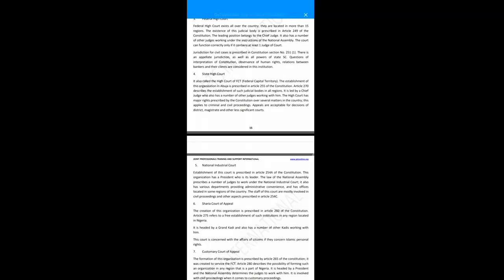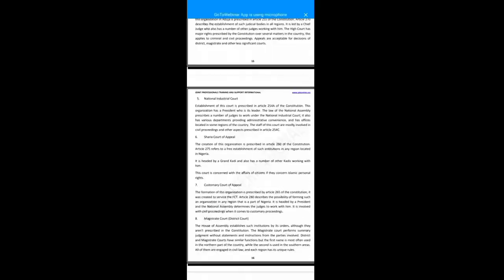The work of the National Industrial Court is to help with various administrative convenience and also offices located in different areas. And it also involves civil proceedings and other aspects prescribed in Article 254.